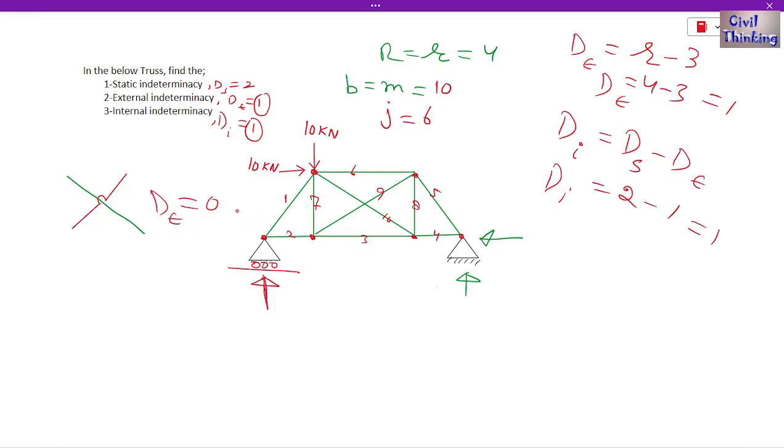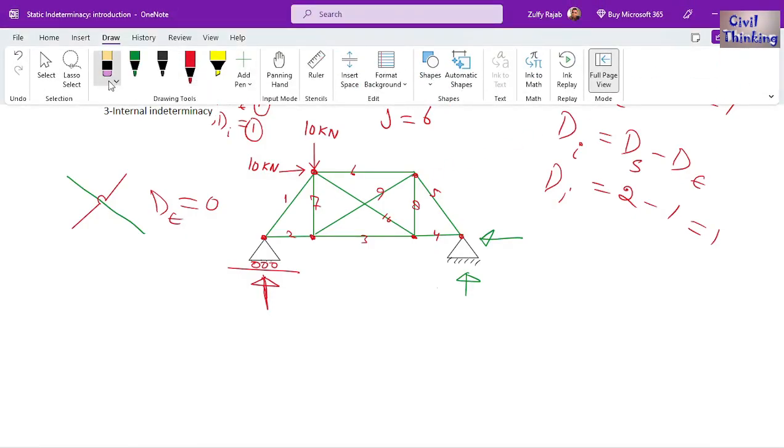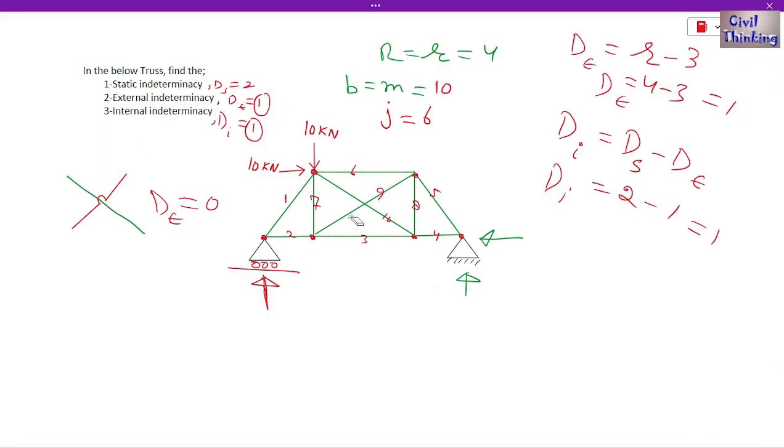Now let us remove any member. Now the indeterminacy is 1, so by the logic, theoretically we have to remove one member, then it will become internally determinate, right? So for example, let me first change it to stroke. Now we will remove one member. Let us say we will remove this.